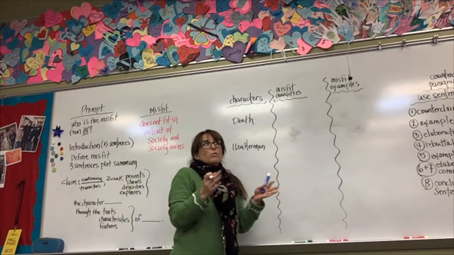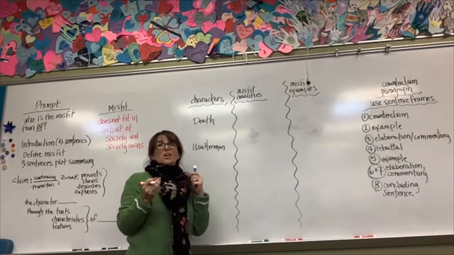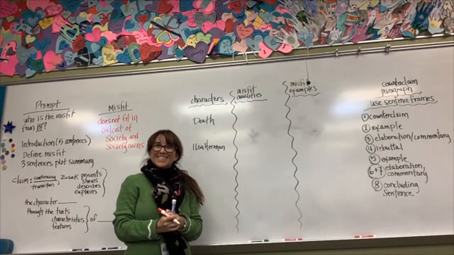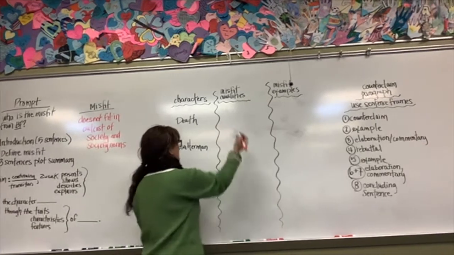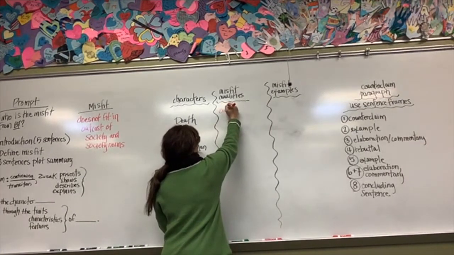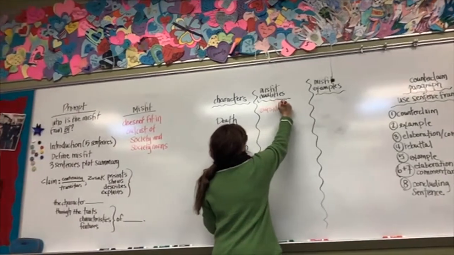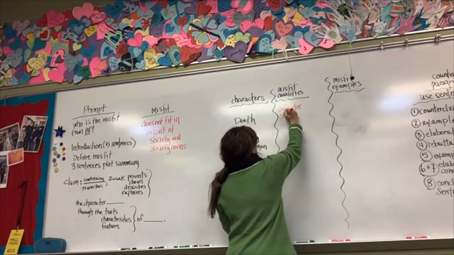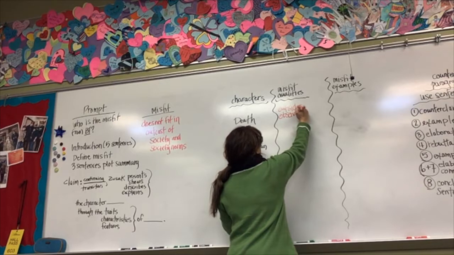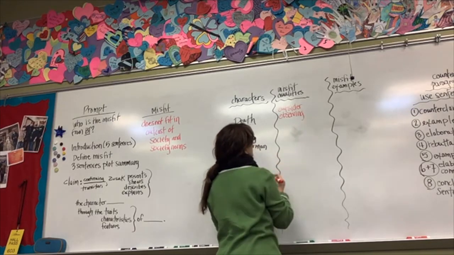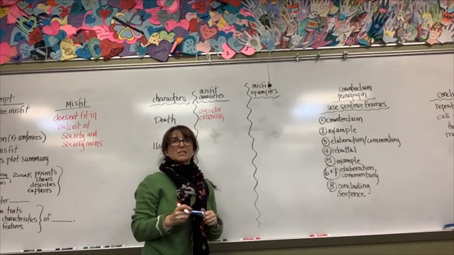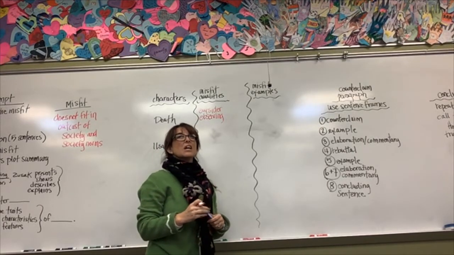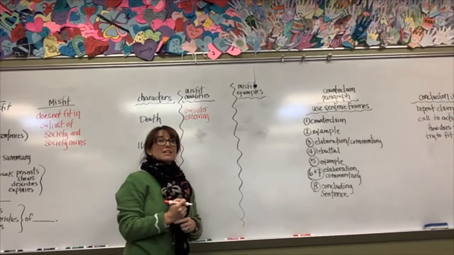So how would you say that Death is a misfit? Scott? Well, Death is an outsider. Why? Because he's, or she, he is observing everything that's going on, and he's our omniscient narrator. Okay, so he is observing everything that's going on with which character? Well, he observes everything from all time, but here, Liesel.